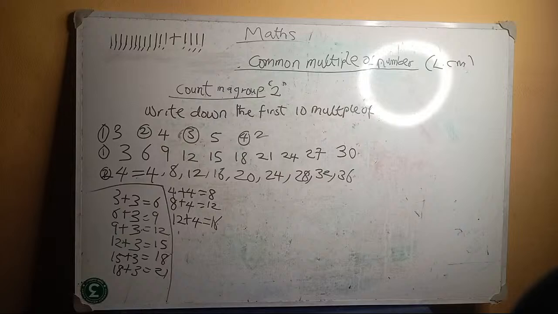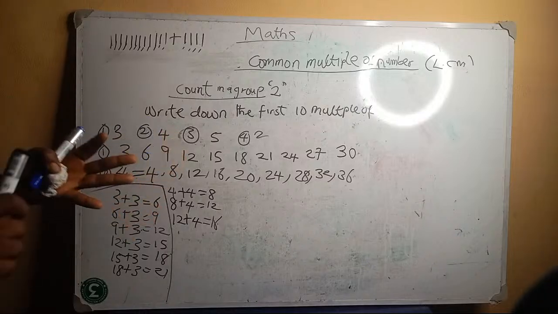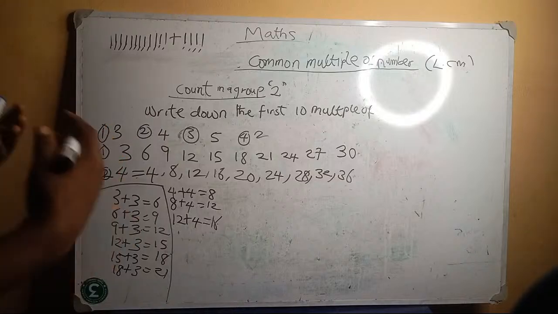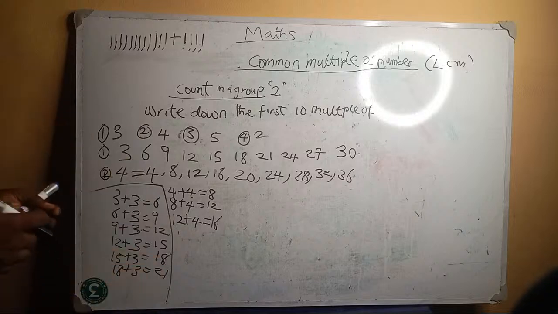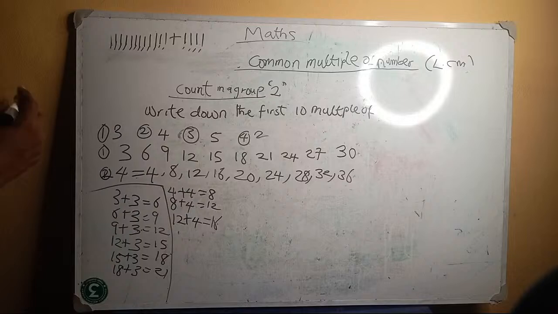So that's how we write down the first 10 multiples of 4. Coming to 5, you say 5, 10, 15, 20, 25, 30, 35, 40, 45, 50. Counting in 5s and 10s is as simple as A, B, C, D. Children catch those as fast as possible.